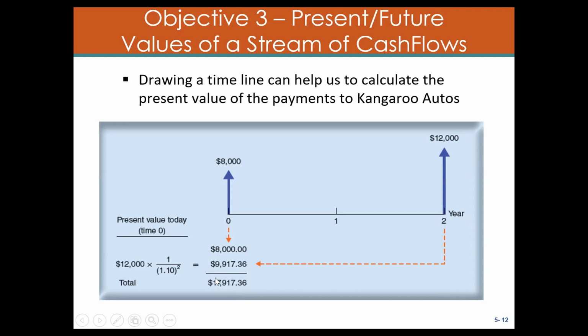That is what it is worth today. You don't just add 8 and 12 and say $20,000. No. Today's dollar, tomorrow's dollar: tomorrow's dollar is an orange, today's dollar is an apple. The orange has to be converted to an apple, so we are just adding the apples. So here we have $17,917.36 as the present value of this cash flow.